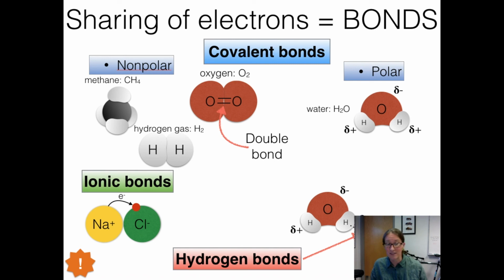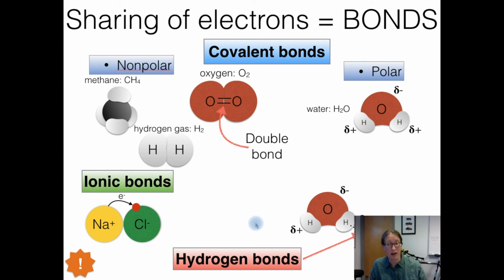And this attraction is not as strong as the attraction when there is a full charge, but it can be close to the same strength. And so when this happens in water between a partially positive hydrogen and a partially negative oxygen, the result here is what is referred to as a hydrogen bond.